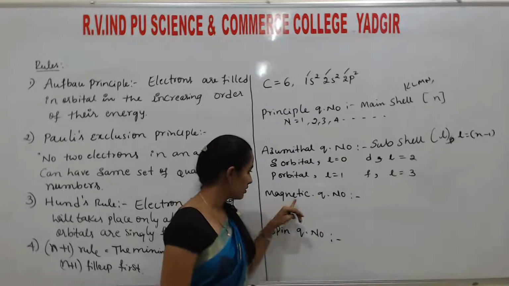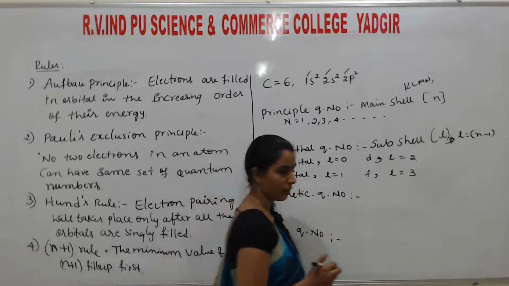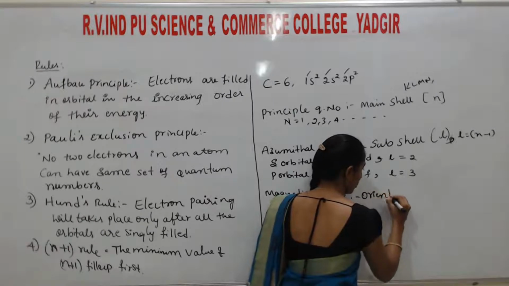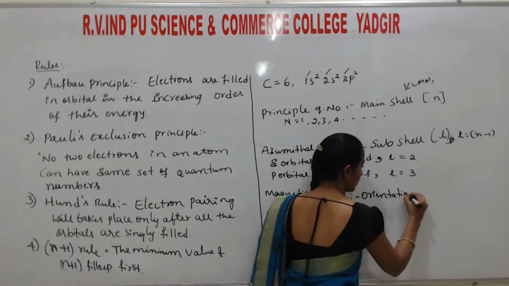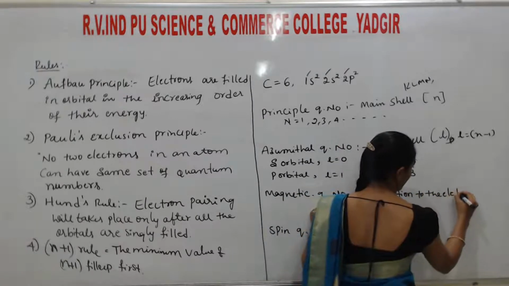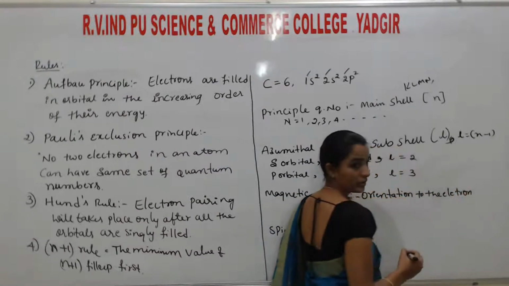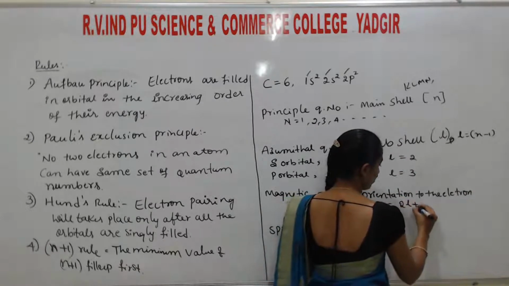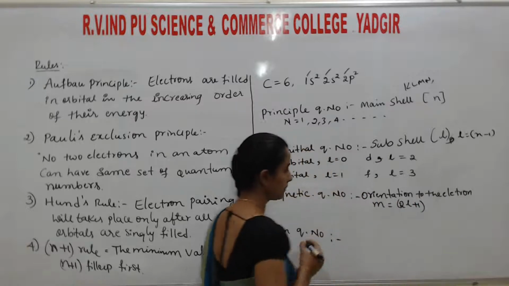Then this is the magnetic quantum number. What is this magnetic quantum number? It shows the orientation of the electron. Its formula is m is equal to 2l plus 1.